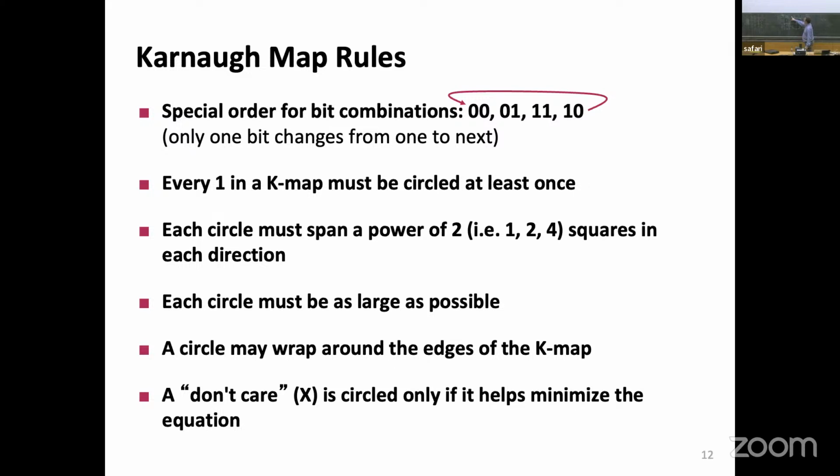You see that A can be 0 and 1, C can be 0 and 1, and this is true when there is only B. So B plus this guy. And then this would be not A, not B, not C.